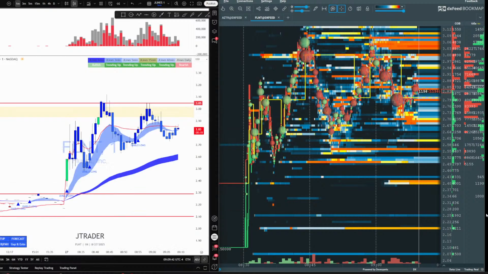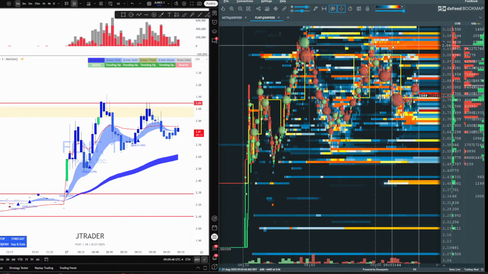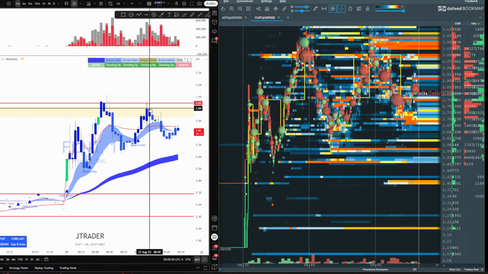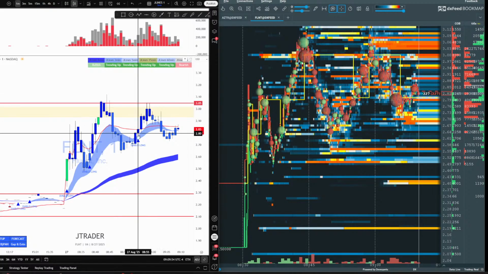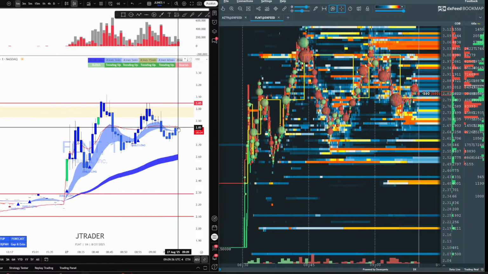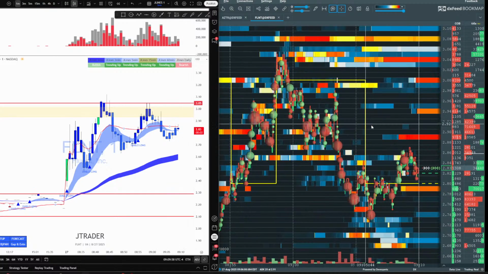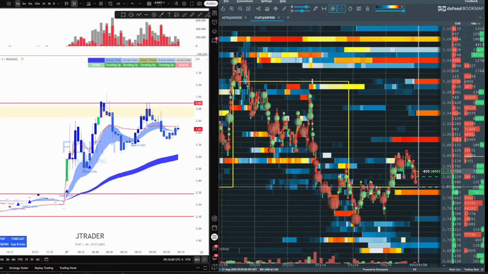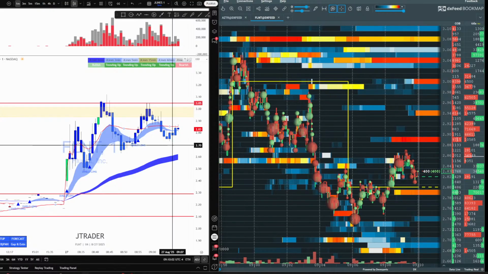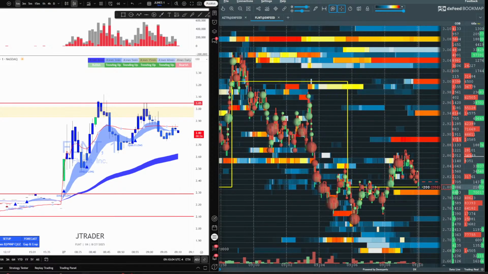First of all, we had this huge amount of sellers over here, as you said before, 3.02, 3.04. And then also this is a key level that we were watching daily. So let's see now if we can stay below the point of control, which is around 2.80, and then get over here to 2.60.